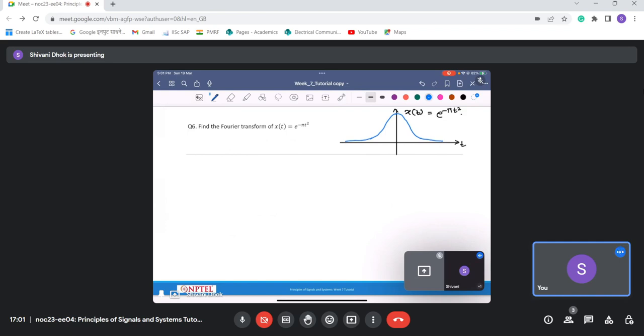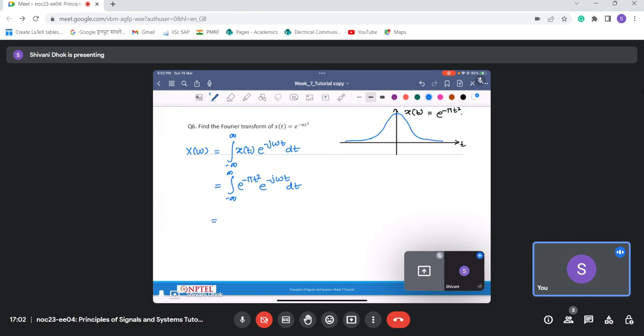Now let's see. The Fourier transform X of omega is given as the integral from minus infinity to infinity x(t) into e power minus j omega t dt, and this can be written as integral from minus infinity to infinity e power minus pi t square into e power minus j omega t dt.